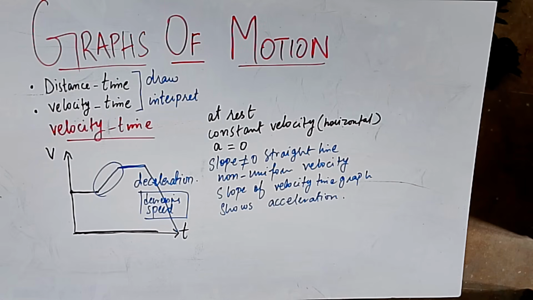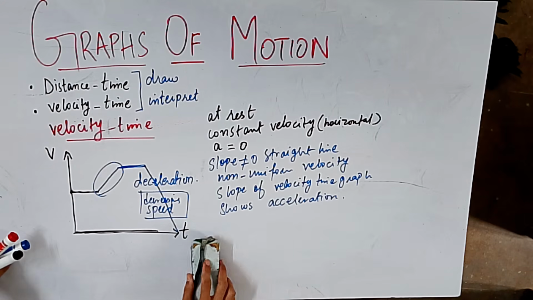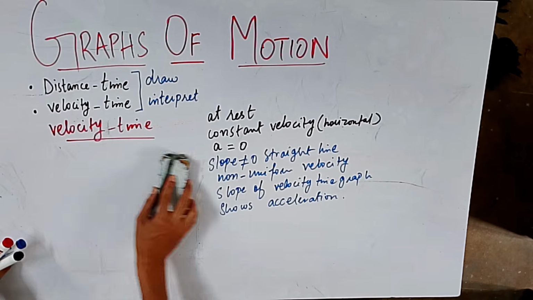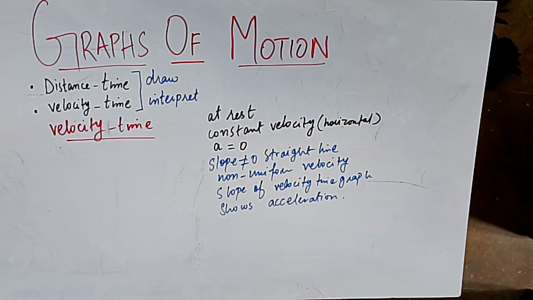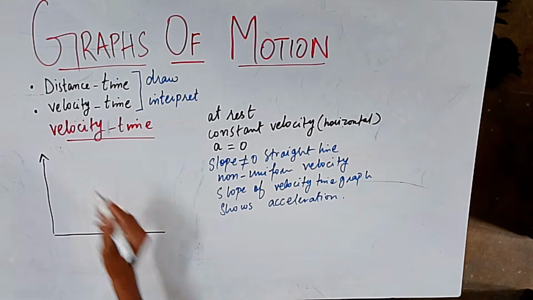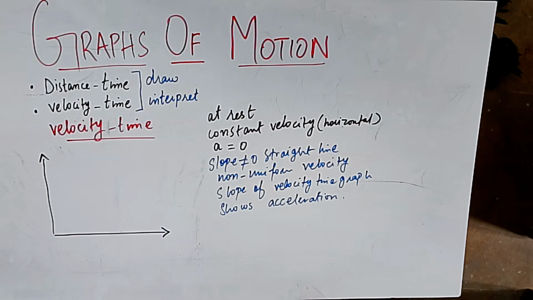Now one more important thing that I want to discuss here related to the velocity time graph is the area under the velocity time graph, and we will do the questions related to it in detail. So if you are stuck somewhere or have any confusion, it will get clear in those videos when we do questions. In this video, we are just understanding the terminologies or the representation of which line is showing what.